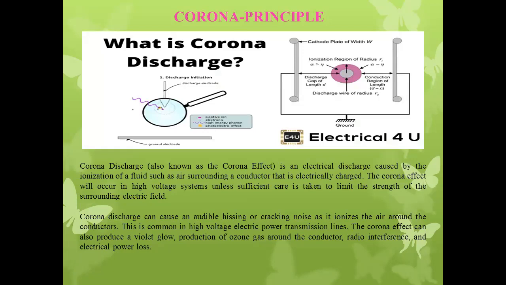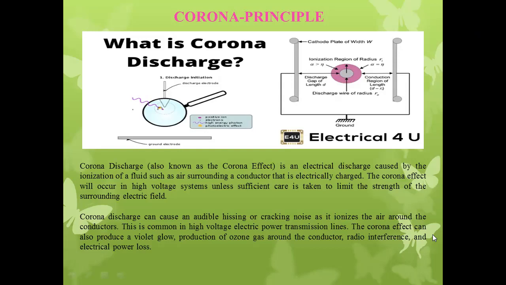Since our electrical power transmission or distribution lines operate at high voltage or medium voltage range, if the air medium comes under electrical voltage stress, or we can say a higher potential difference is applied across the air column, it gets ionized.